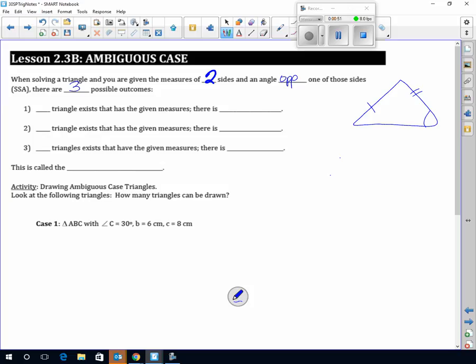One was two triangles. Oh, I think I want that one here. So we're going to start with no triangle exists that has the given measures. There is what we call no ambiguity.